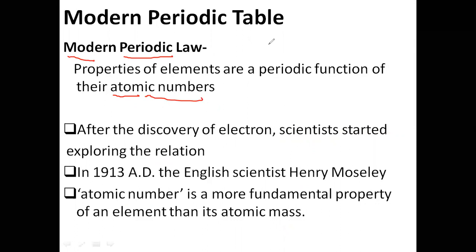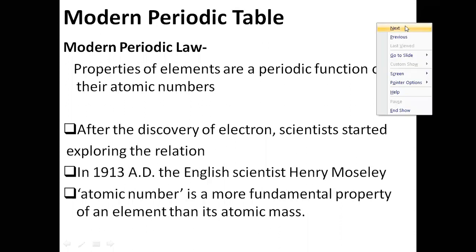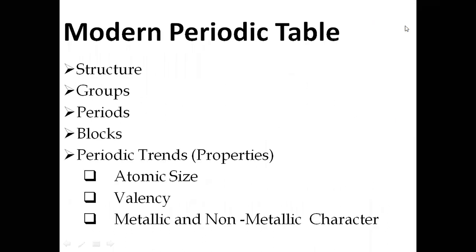Modern periodic law states that the properties of the elements are a periodic function of their atomic numbers. On the basis of this law, we have the modern periodic table, also called the long form of the periodic table. How and why, we will see in the next parts.